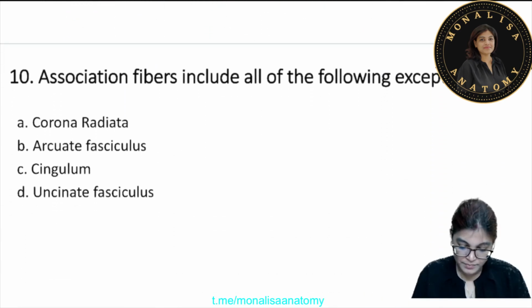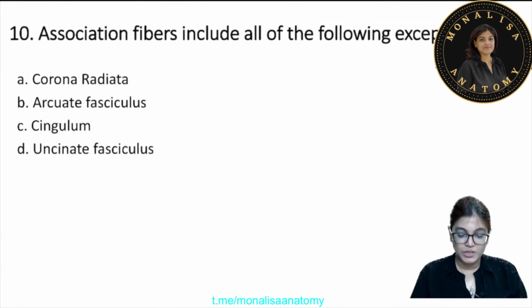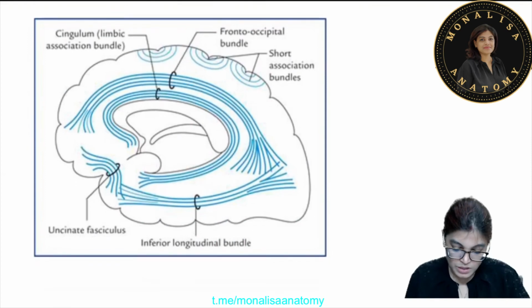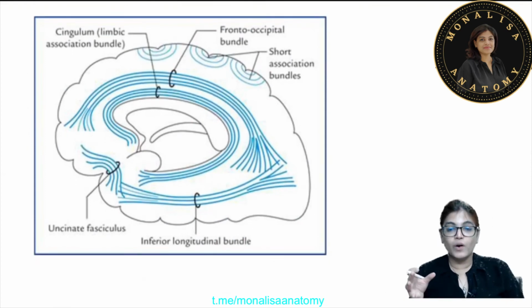Now coming to the question: association fibers include all of the following except. The options are corona radiata, arcuate fasciculus, cingulum, and uncinate fasciculus. Firstly I want to tell you what we mean by association fibers. Association fibers are connecting different areas of the same cerebral hemisphere.